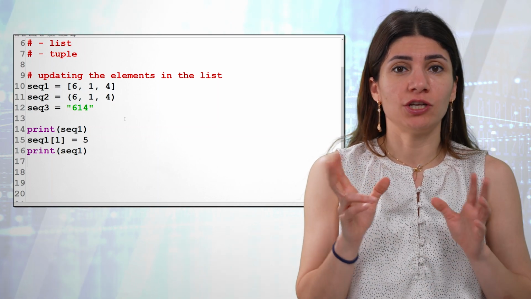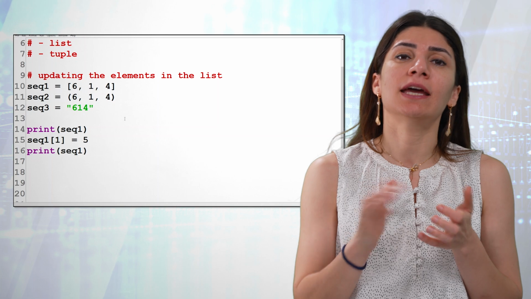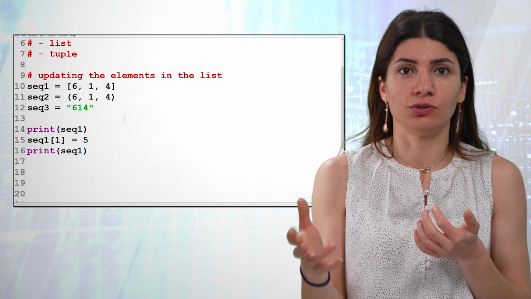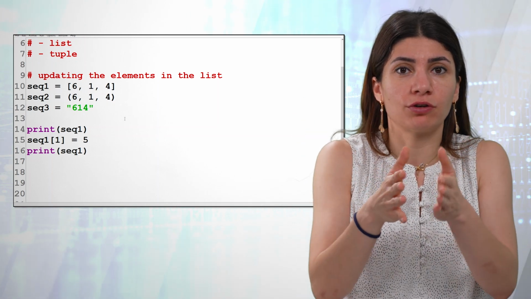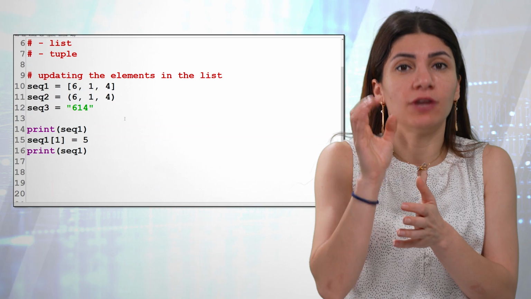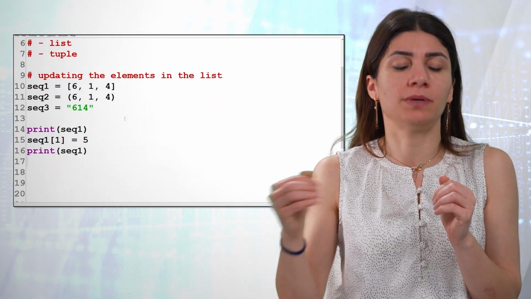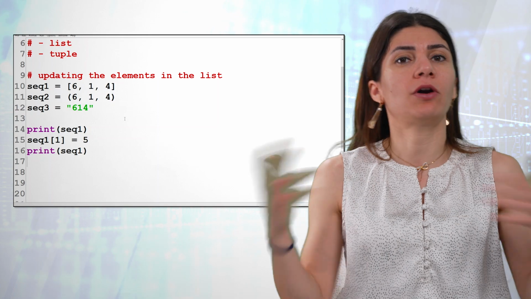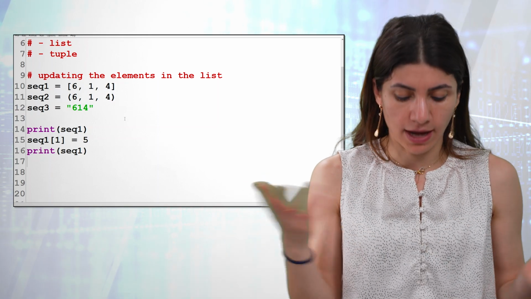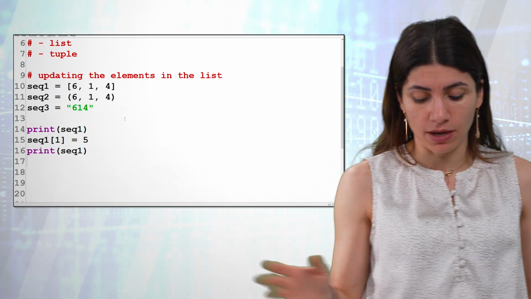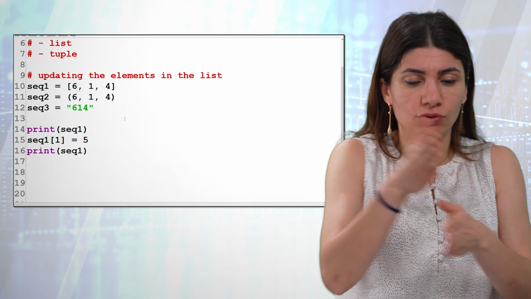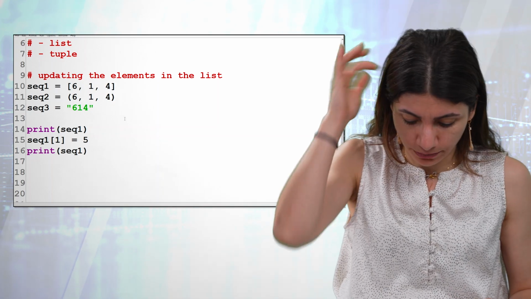So if the change is absolutely necessary, then they can think of ways to do it. But Python is going to try to force that and make sure they understand they're trying to change something that should not be changed. With lists, you can modify them, you can change them and add or delete stuff from them after you create them and do small changes to it as you go.